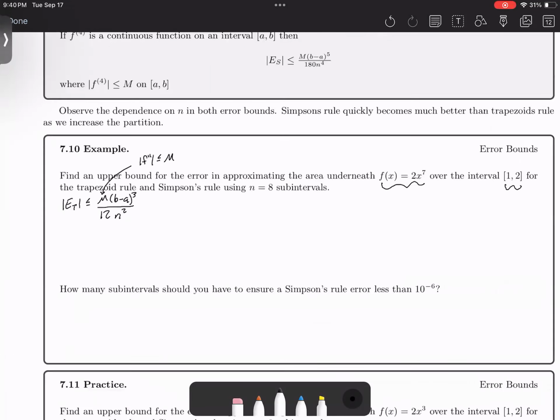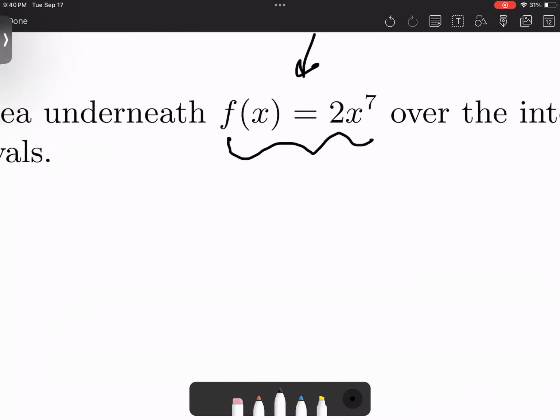If our function is 2x to the 7th, then our first derivative will be 14x to the 6th. And our second derivative will be 84x to the 5th. So you could go back to calculus 1 techniques, and in order to maximize this second derivative, you would have to differentiate it.